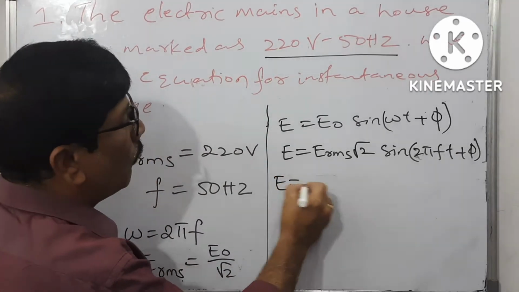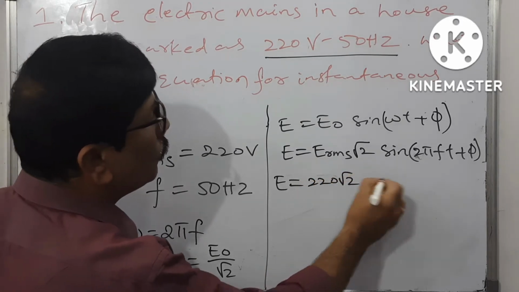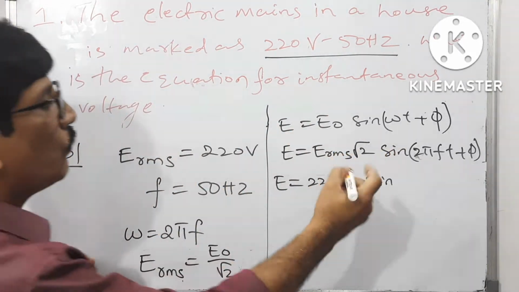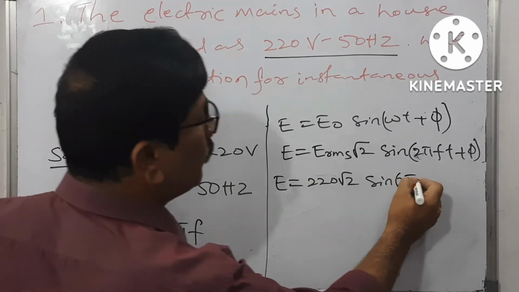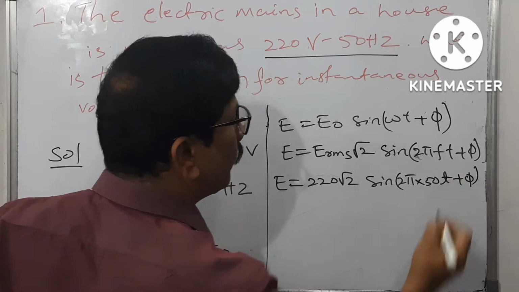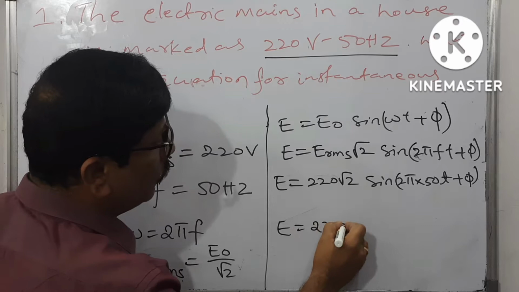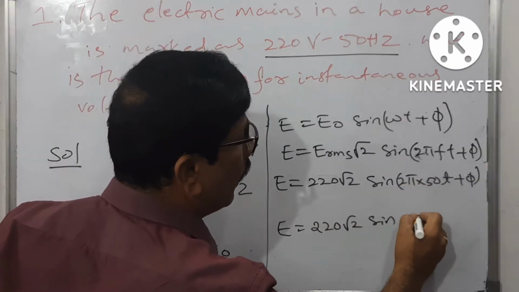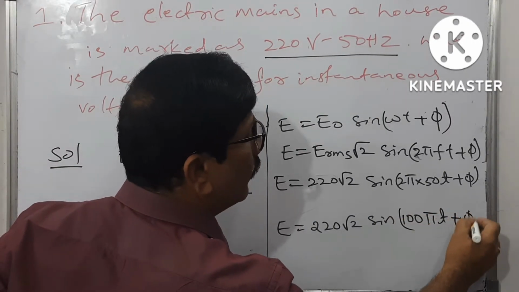Now E RMS value is how much? 220 volts into root 2. Next you write sine as it is: 2 pi f, 2 into pi. f is how much? 50, the frequency, into t plus phi. Now finally you can write this equation as 220 root 2 sin(100 pi t plus phi).